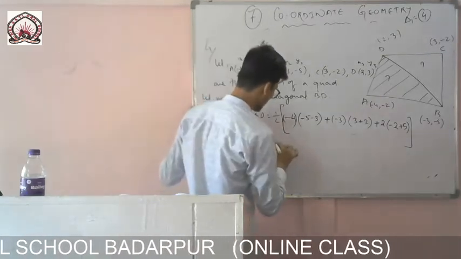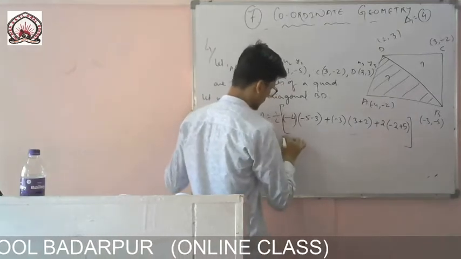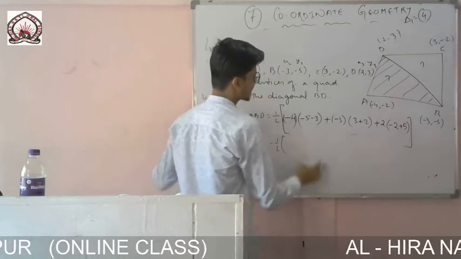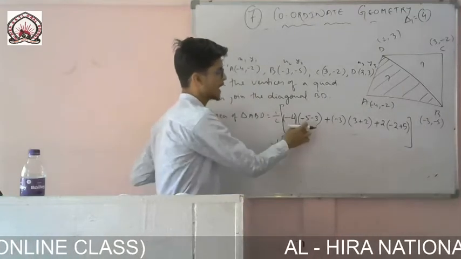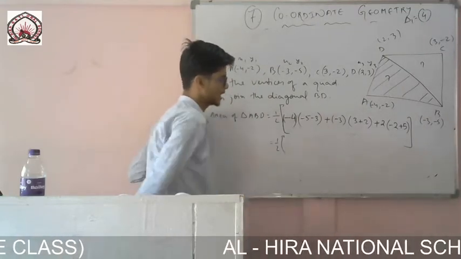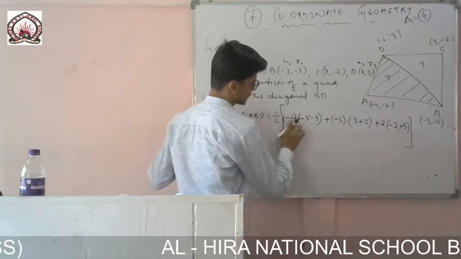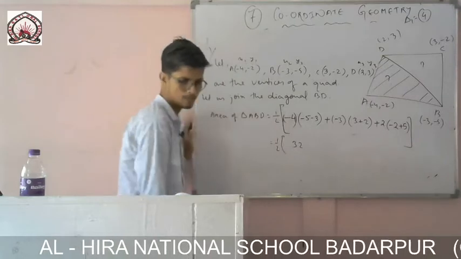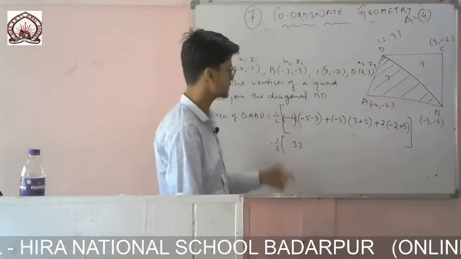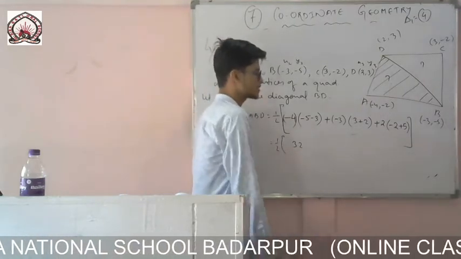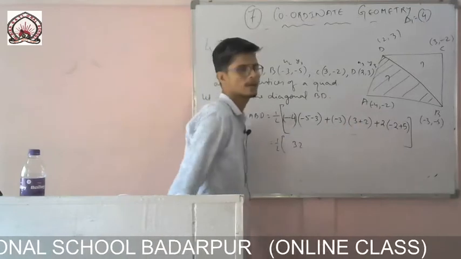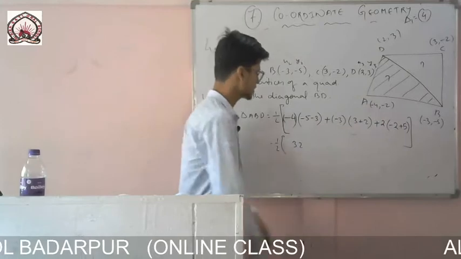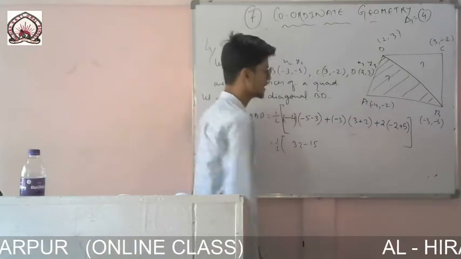So if I solve it, it will be half into... let me solve one by one. Minus 4, and minus minus becomes plus: 8 fours are 32. Then for this part, 3 plus 2 is 5, and 5 threes are 15, minus plus became minus, so it will be minus 15.